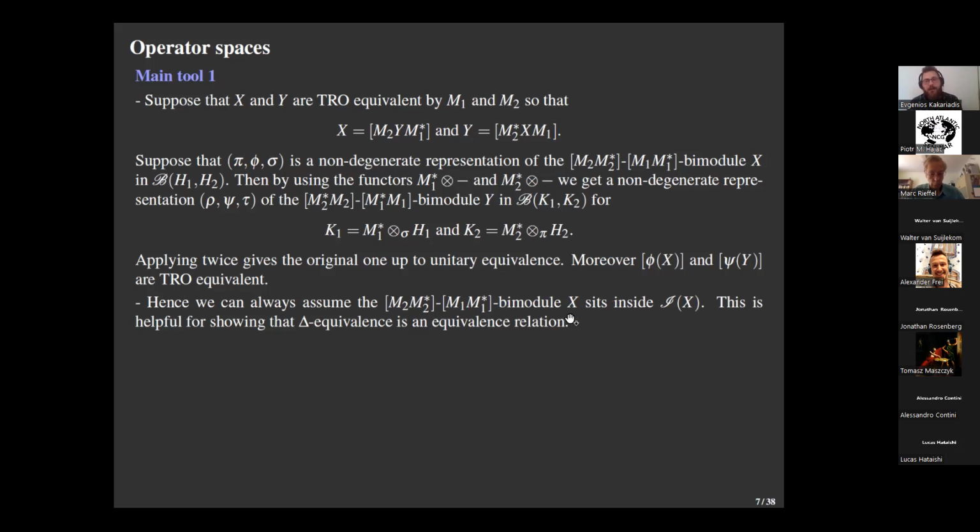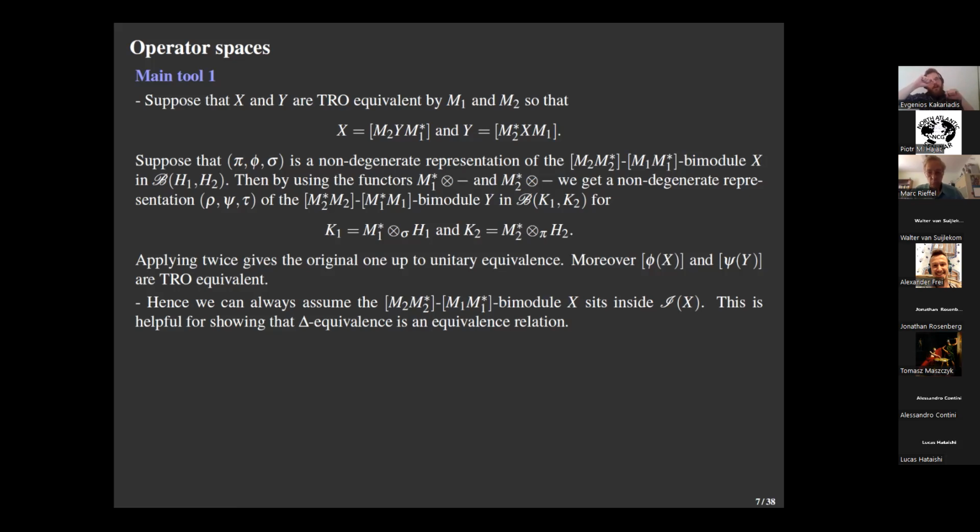In particular, you can take X to sit inside its injective envelope, and this is helpful for showing that delta equivalence is an equivalence relation. So if you have X, Y, and Z, what you would do is take Y, X, and Z to be consistent with what I've written here, you would fix the representation of X inside the injective envelope.